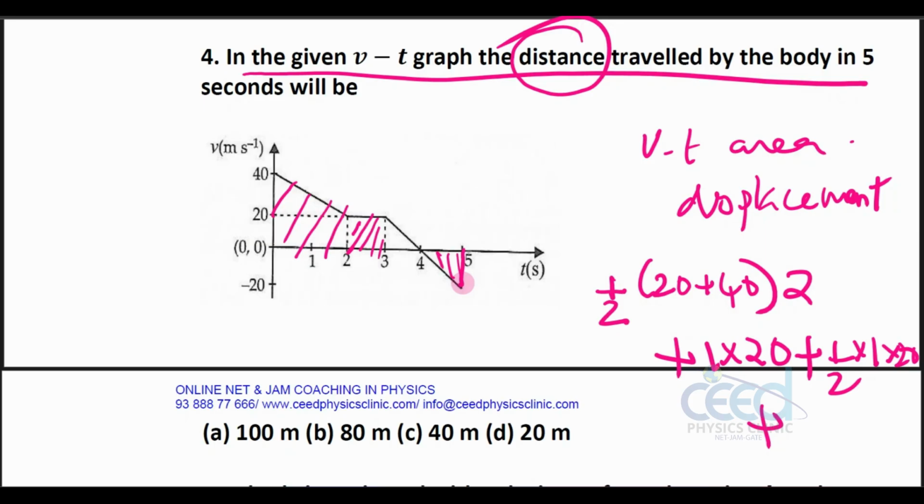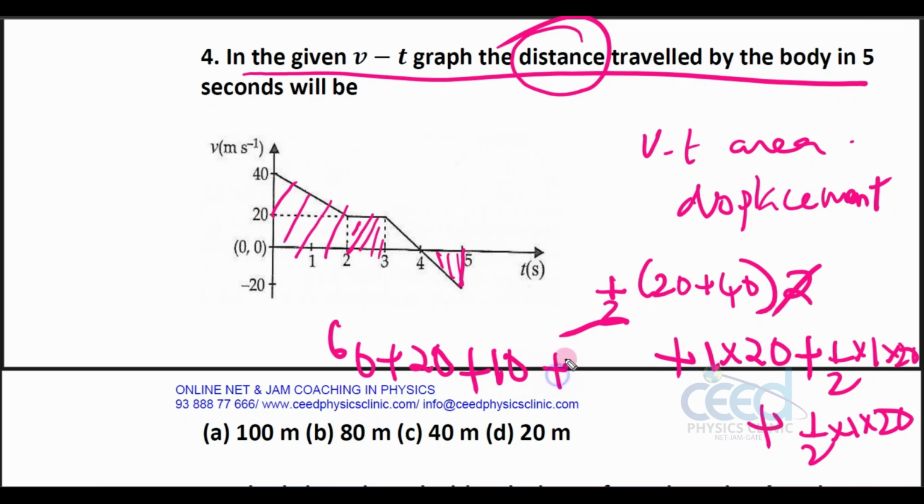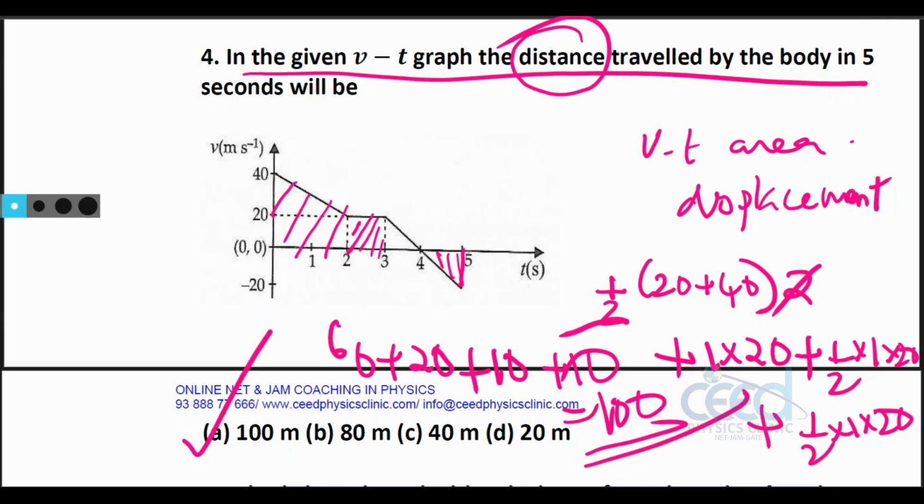So you have to take it positive only, half into 1 into 20, minus 20 need not be considered. So here 2 cancels, here it is 60, here 20, here again 10, here again 10, so it is 100. Option A is correct.